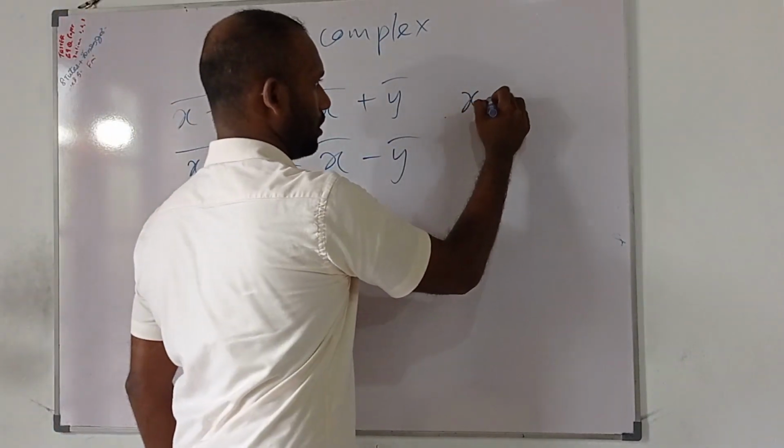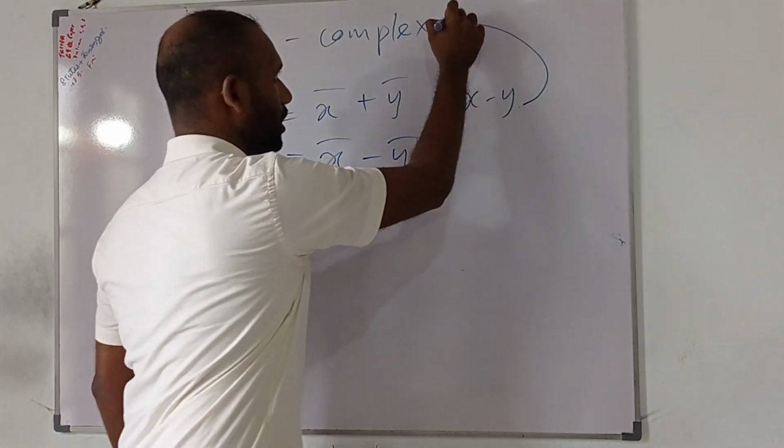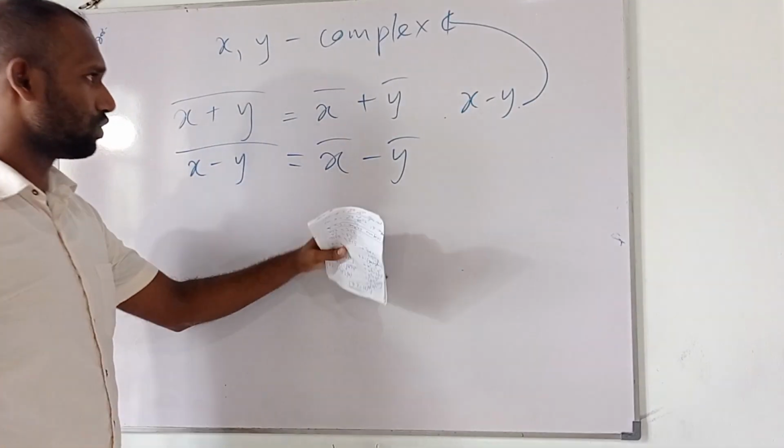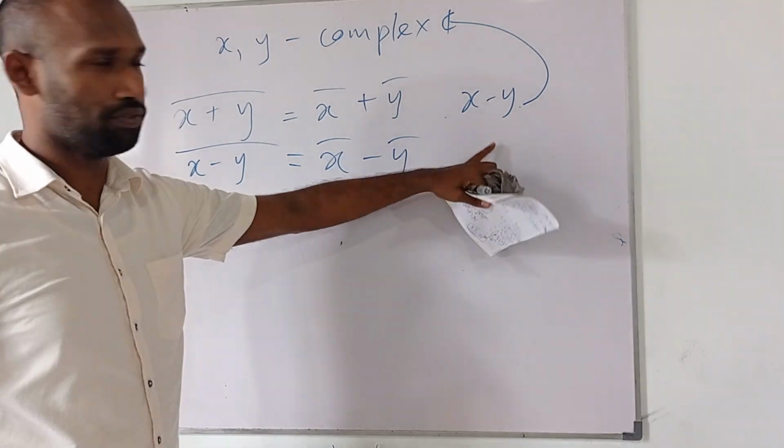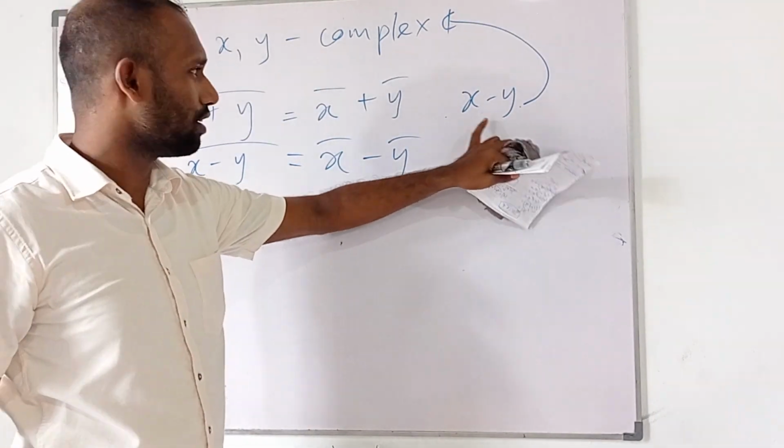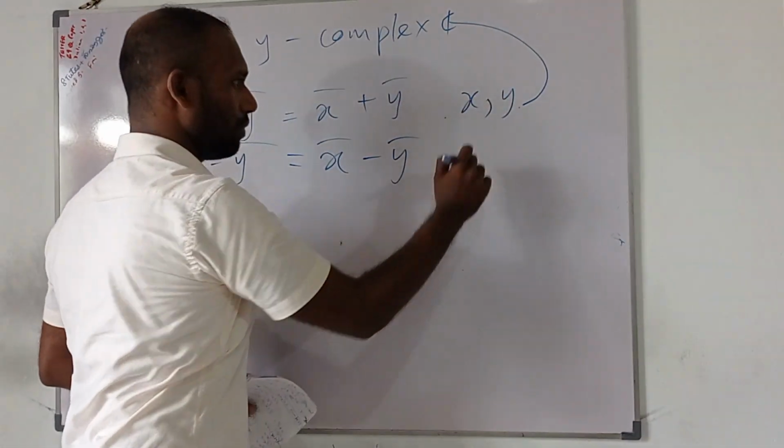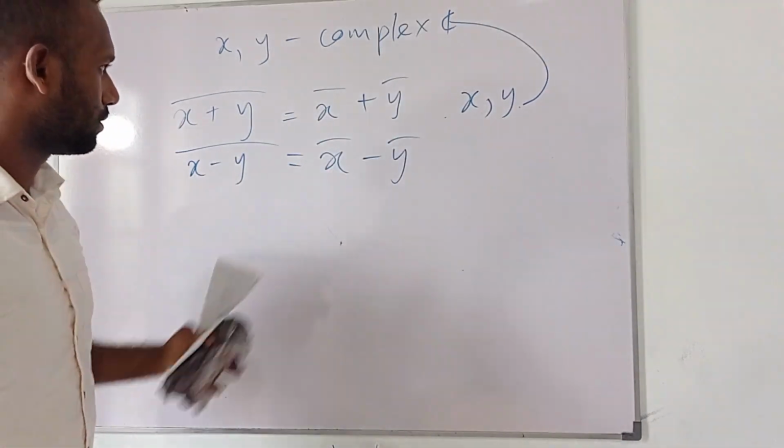Here x and y are complex, so you have to remember this if x and y are complex numbers.